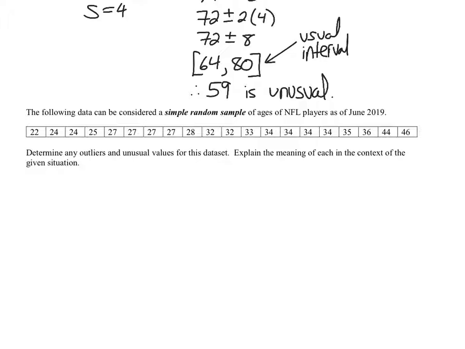Right to the calculator: stat, edit, get rid of the data. Remember, clear on your column headings to get rid of the data. And then try not to lose count. Might want to make a frequency table, but I've already started going down this road, so I'm just going to continue.